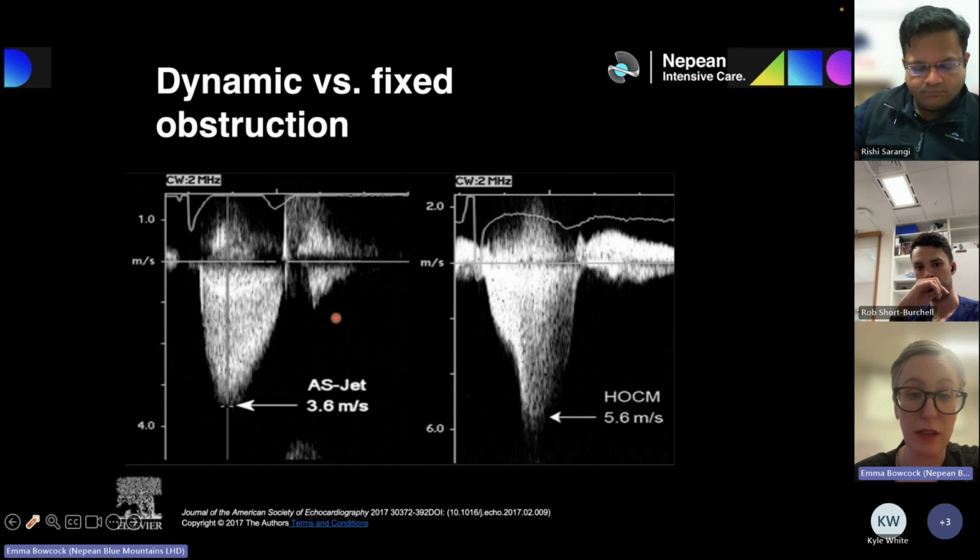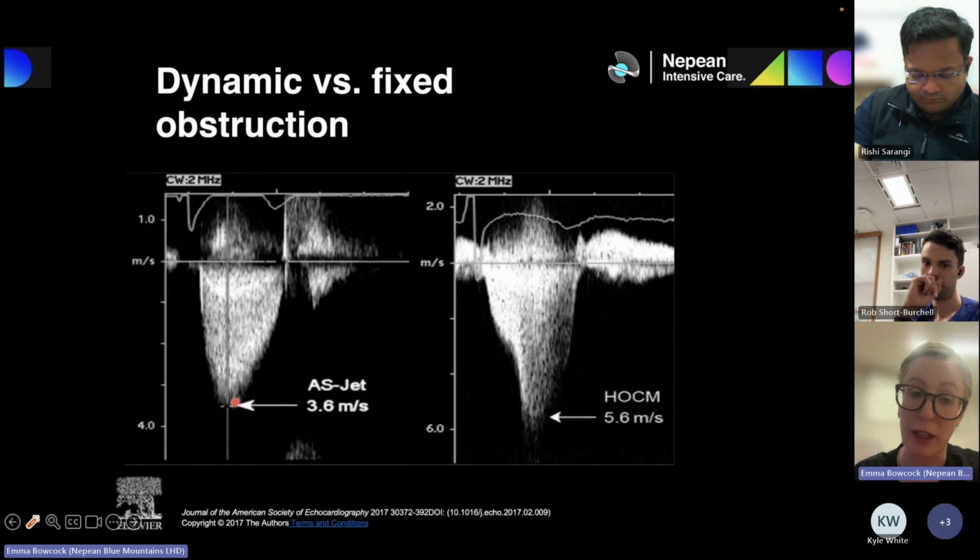And then now the final thing. This is another pitfall. So we've talked through discordant grading, and the other thing to make sure you're not missing is dynamic versus fixed obstruction. So know your profiles. With AS, you have this initially triangular going to parabolic.